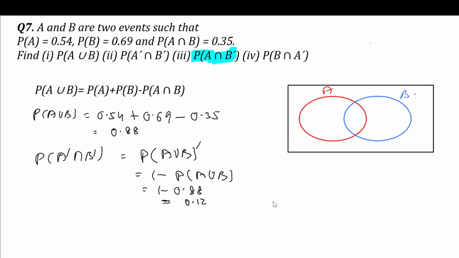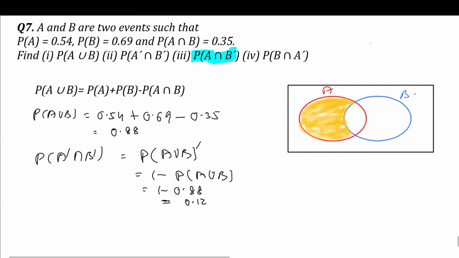So it means that from this whole A, but what we need is B naught. That means it should not have B, right? So if it is B naught, then we have to remove this portion, isn't it?